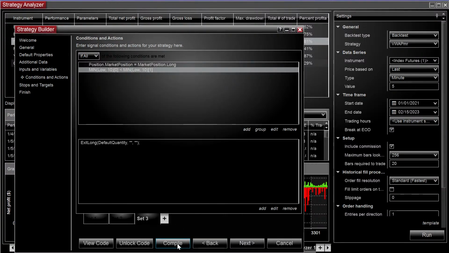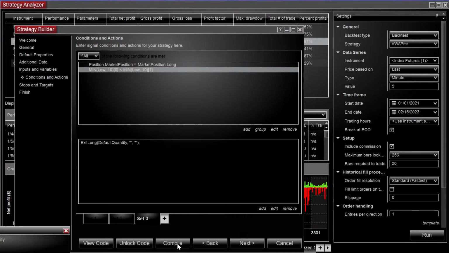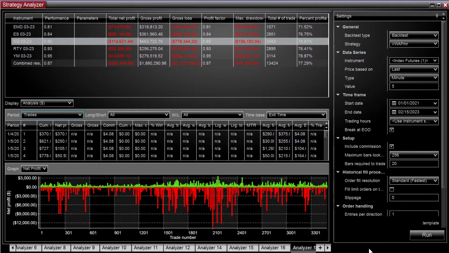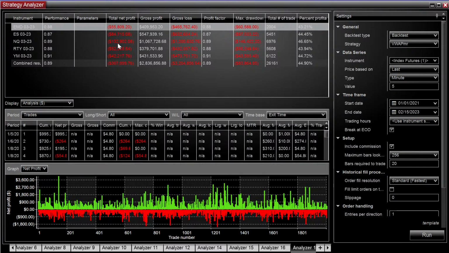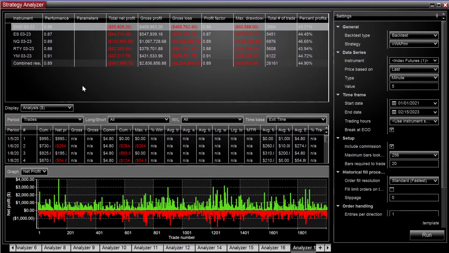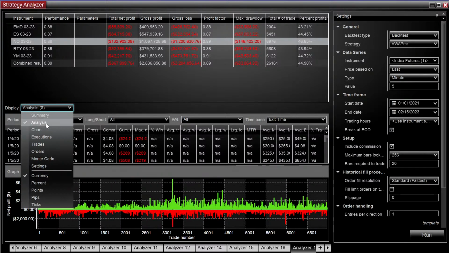Let's go ahead and compile. I want to see all these big red P&Ls get smaller. Whew. Made it a lot smaller, but also made it to where it hits the stop loss just all the time now. So our win rate dropped down to 44%.